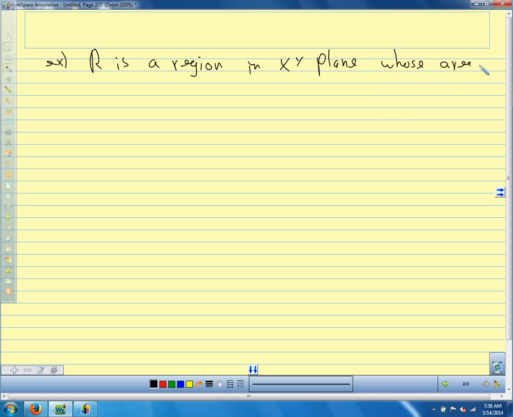R is a region in the XY plane whose area is B. Without integrating, what is... Oh, I need to add one other thing before I ask the question. And f of xy equals k for all xy in R, and k is a constant.